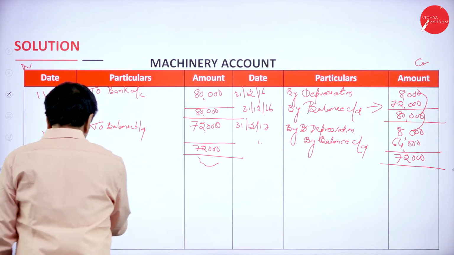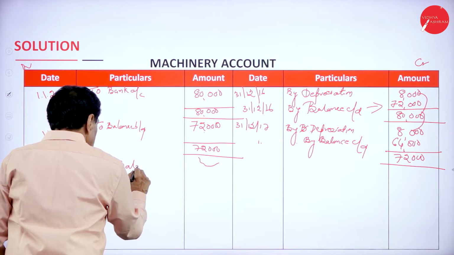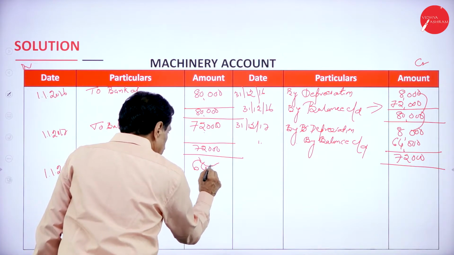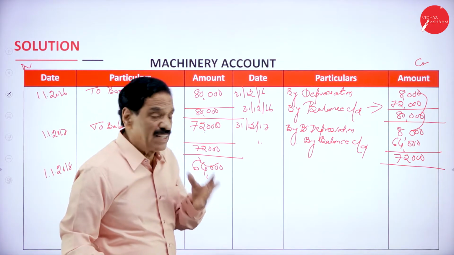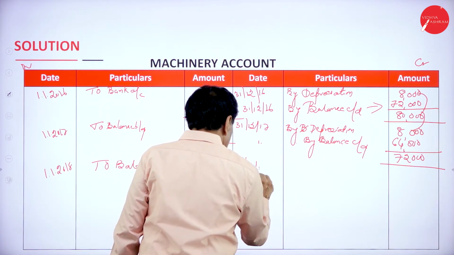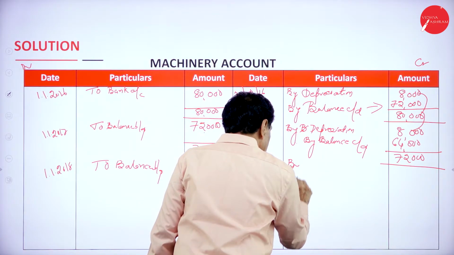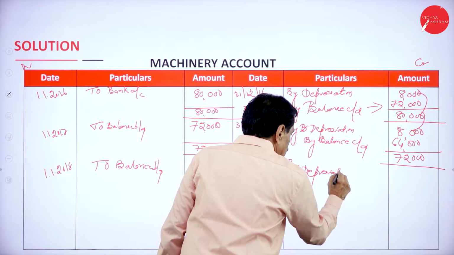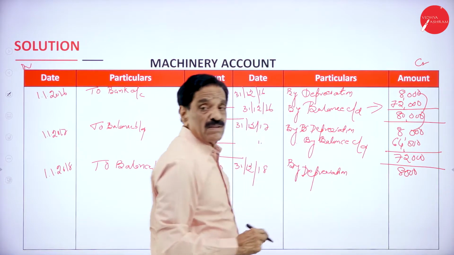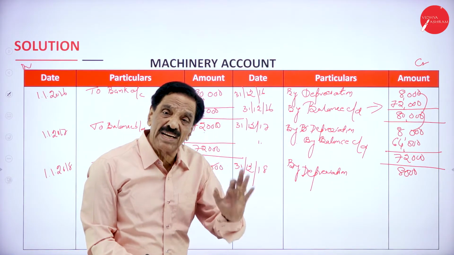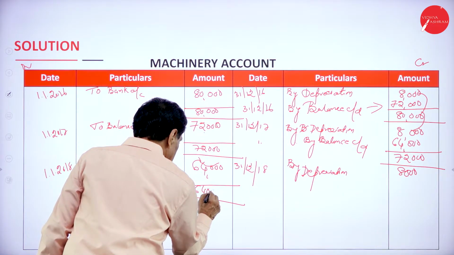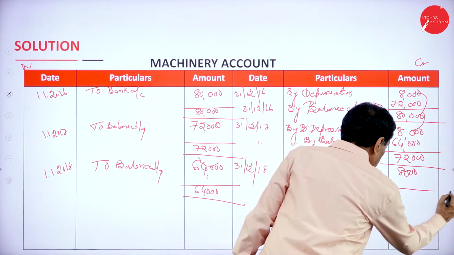1/1/2018, to balance brought down. What's the value? 64,000. Depreciation remains constant. Here, 31st December 2018, by depreciation, 8,000. So every year, how much do you charge? 8,000, 8,000. Bring out the difference. 64,000 minus 8,000.